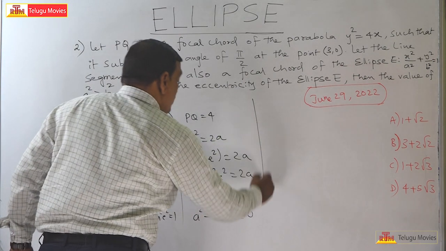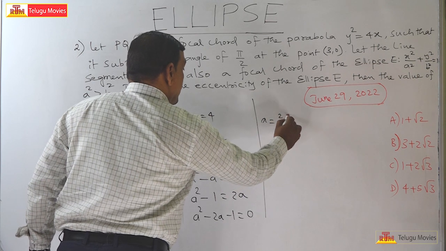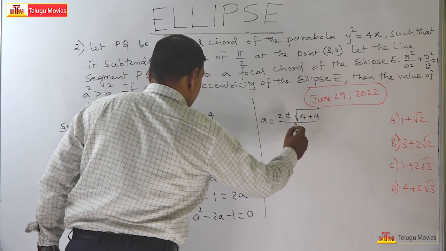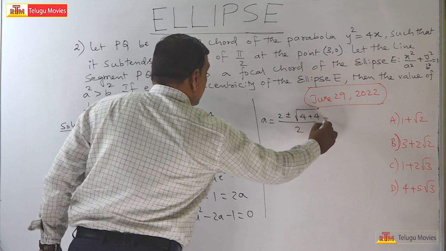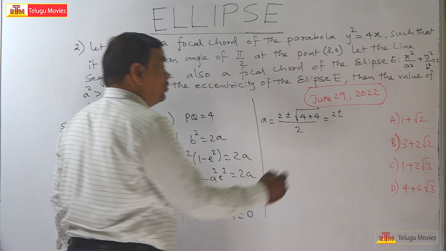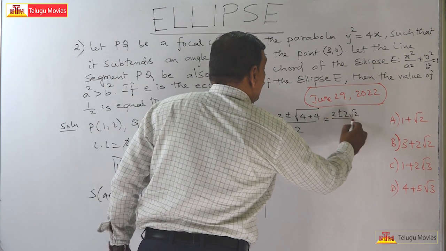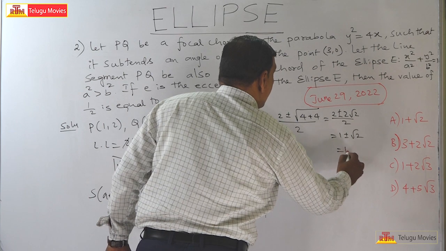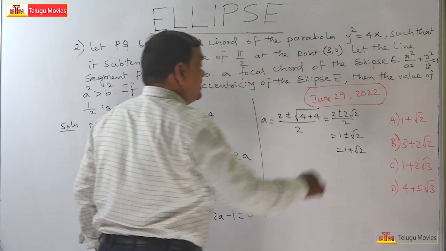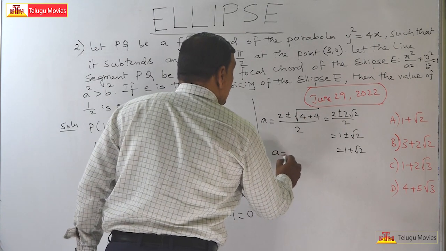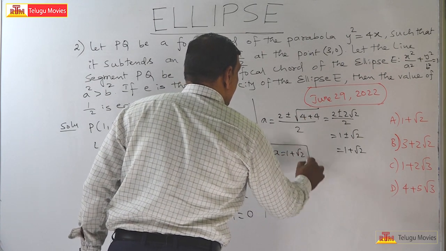So, a is equal to minus b plus or minus root of b square minus 4ac by 2a. So, this is 2 plus or minus root of 4 plus 4, 8. Root 8 means 2 root 2, 2 root 2 by 2, so that is equal to 1 plus or minus root 2. We will take 1 plus root 2 only. Why? Because a should be positive. So, very nice, we got a value as 1 plus root 2.